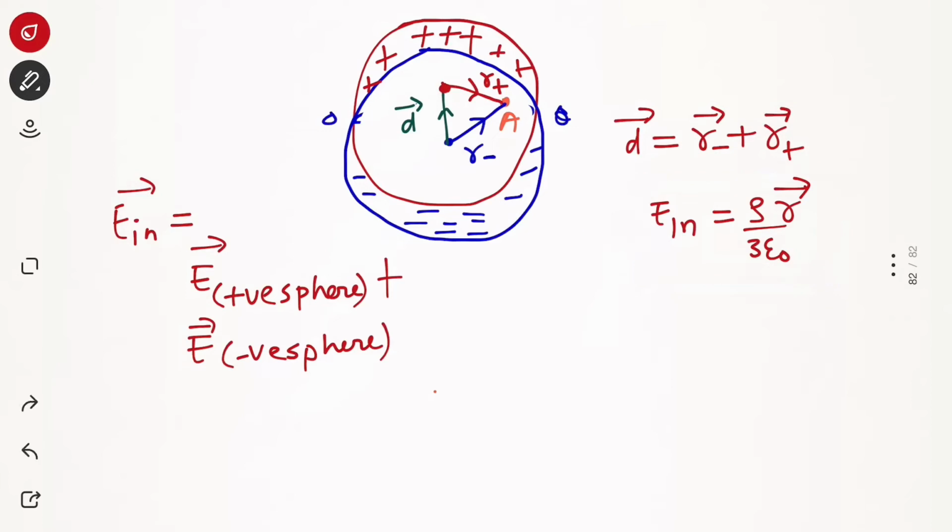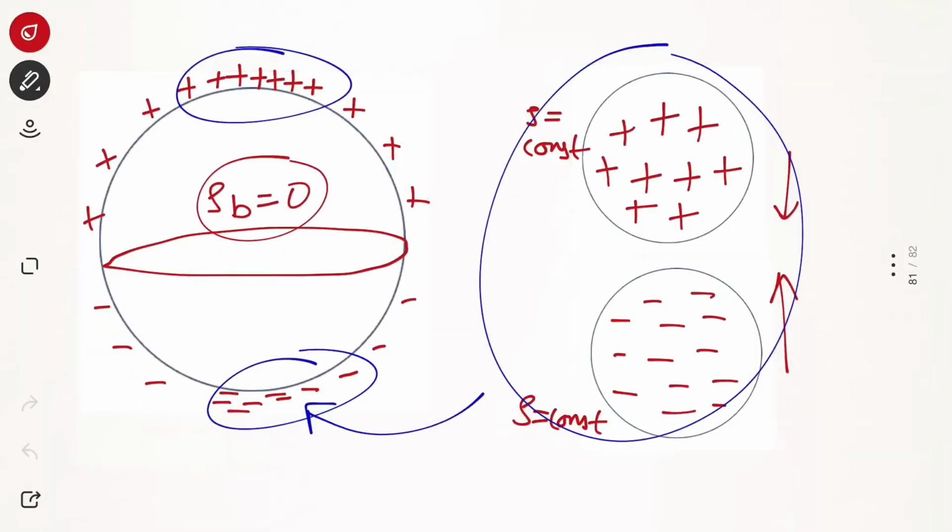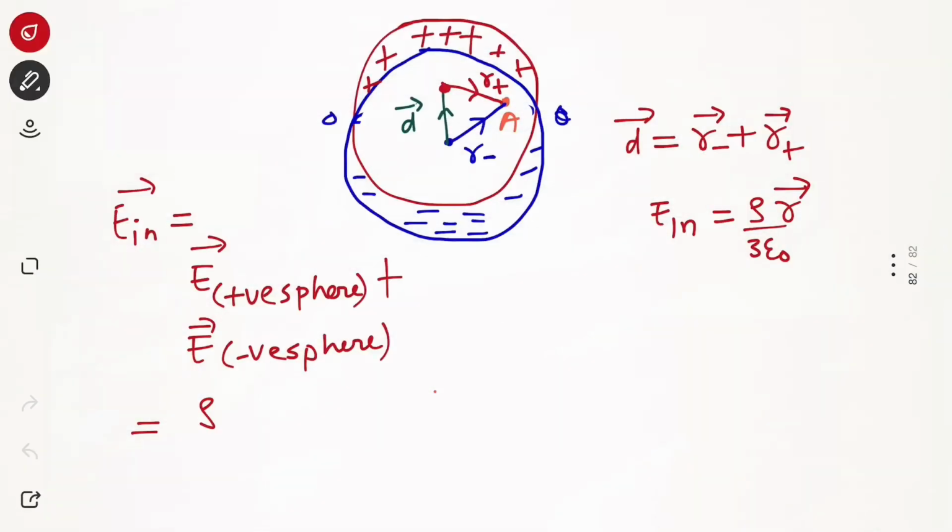Now we are going to write the electric field due to the positive sphere and the negative sphere. Due to the positive sphere the position vector is R plus, and we have taken rho as constant for both of these spheres. So I can write rho by 3 epsilon naught R positive vector, and due to the negative sphere we have to write a negative rho in case of vector calculation.